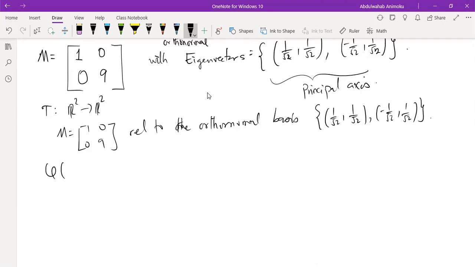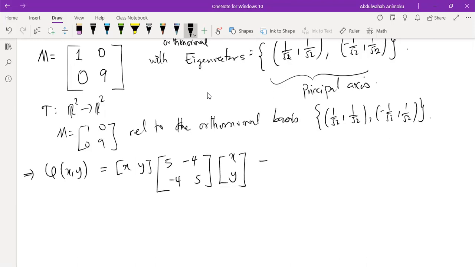Now, what does that mean? Usually before, we had this quadratic function in terms of xy, which was written in this form. Don't forget this was 5, and I think this was -4, 5. Now we are rewriting this. Instead of using this matrix for the transformation T, we've changed it into a new coordinate.